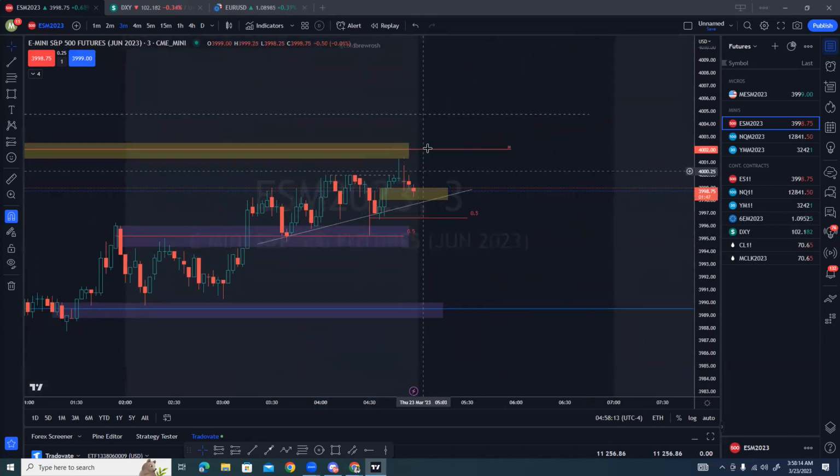Not to say that it doesn't bounce, but to be honest, I just feel like price is going to need to work its way back down before then moving up, because we moved so far. We're getting really close to premium because I think the 50% is right up here. So I'd be a little hesitant in this area.